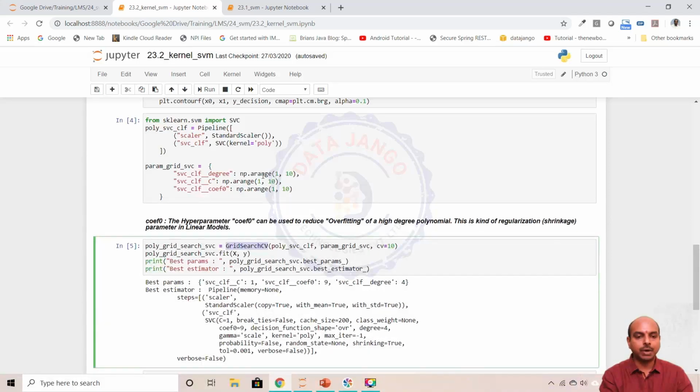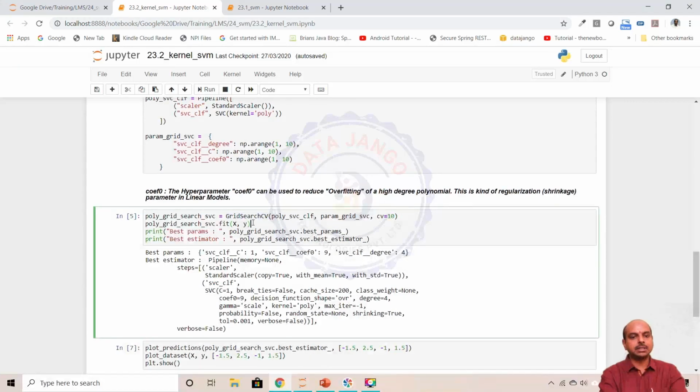It is going to take 1 1 1 and build a model, 1 2 1 it's going to build a model, 1 2 2, 1 3 1, 1 3 2, 1 3 3, like that. It passes values to the algorithm, builds models and sees which one works well. If 1 1 3 is working well, it is going to say that degree 1, C 1 and coef0 3 is the best model. That's how GridSearchCV works.